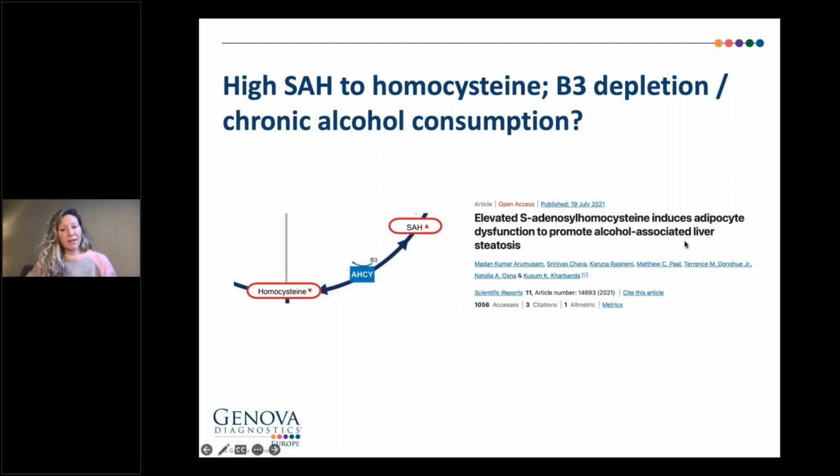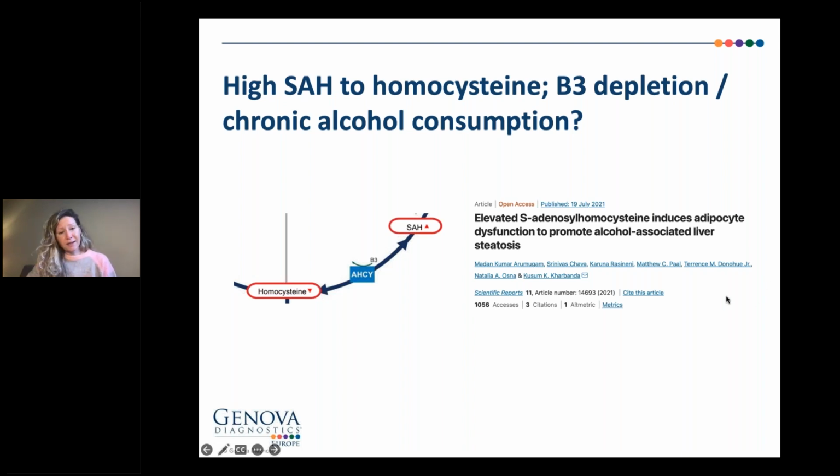And we can also see that B3 is a cofactor nutrient for the enzyme responsible for the hydrolysis of SAR to homocysteine. And B3, as I'm sure many of you already know, is used to form nicotinamide coenzyme, or NAD. And that is really essential for supporting redox reactions that are important for mitigating oxidative stress.